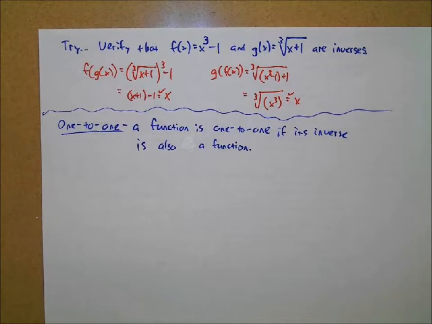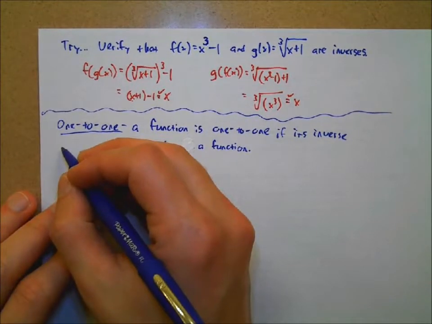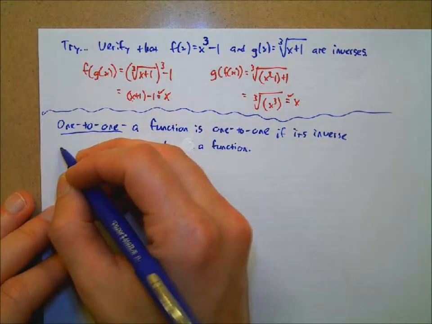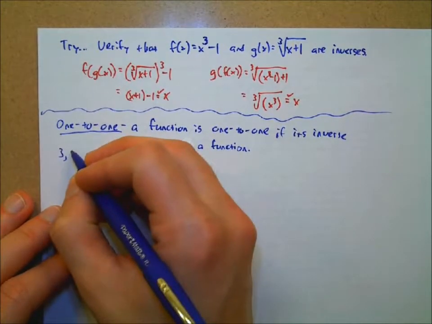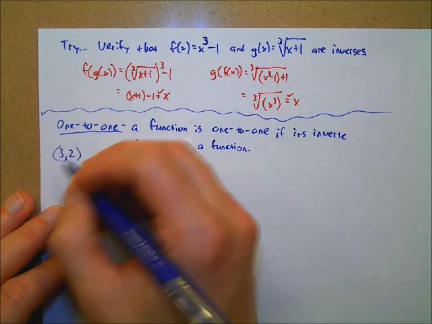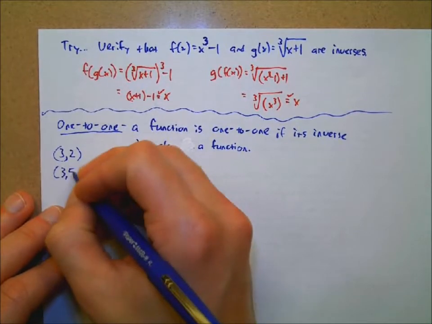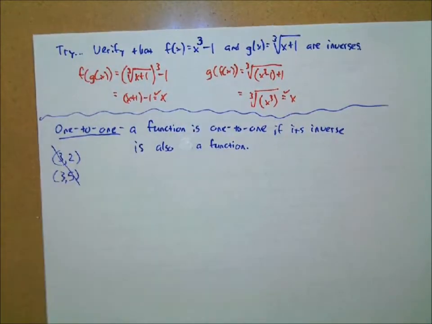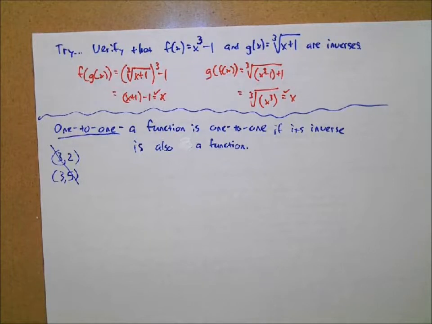Every x goes to only one y value. So, for example, 3 can go to 2, but 3 cannot also go to 5, right? This would not be a function because you have the same x value going to two different y values. Or you might say 1 to 2, one x value going to two different y values here. And that doesn't work, right?